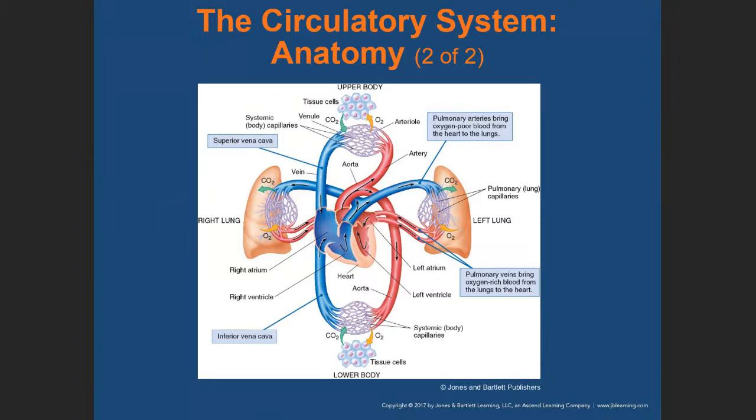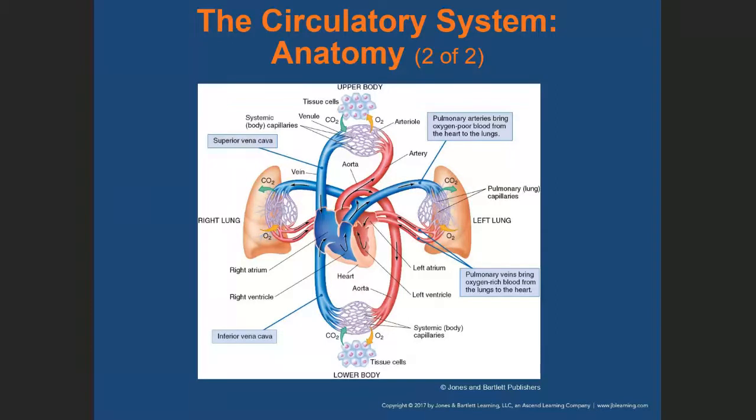The purpose of the valve inside of the aorta is to prevent the backflow of blood into the left ventricle. When these valves open and close, this is what we are listening to when we listen to a patient's heartbeat, right?